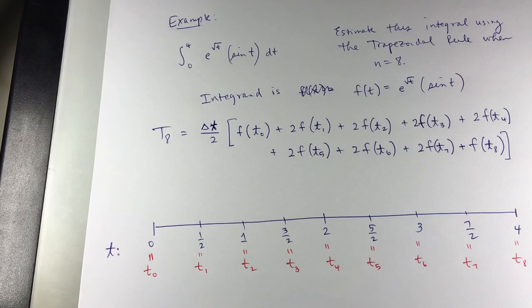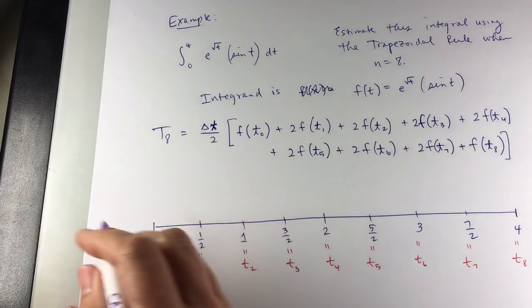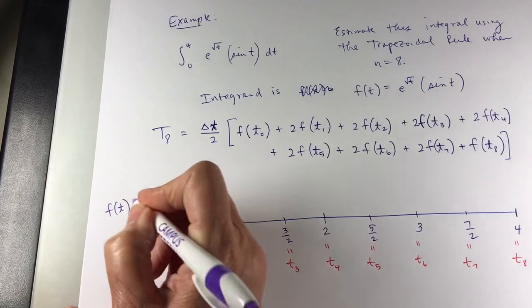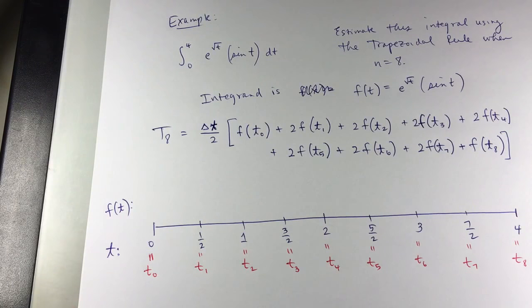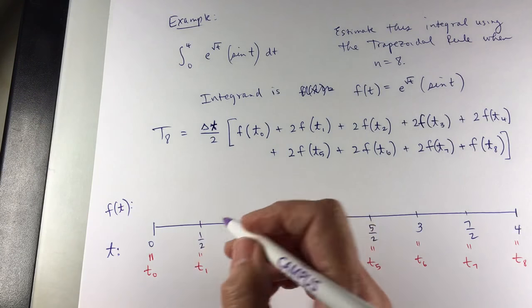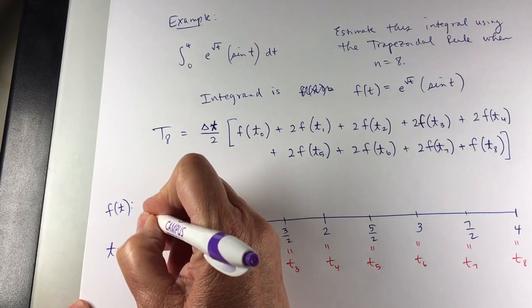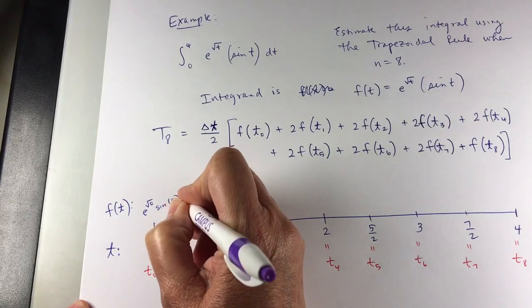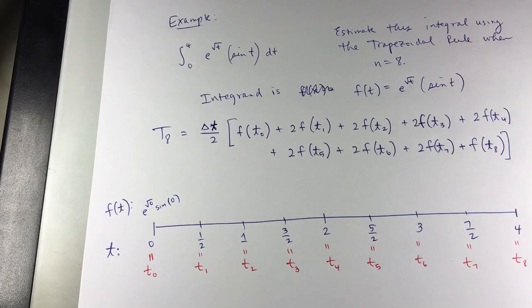Then I need to calculate the function value at each of those numbers. So this would be f at t, and the first one here would be e to the square root of 0 times the sine of 0. What is e to the 0? 1.